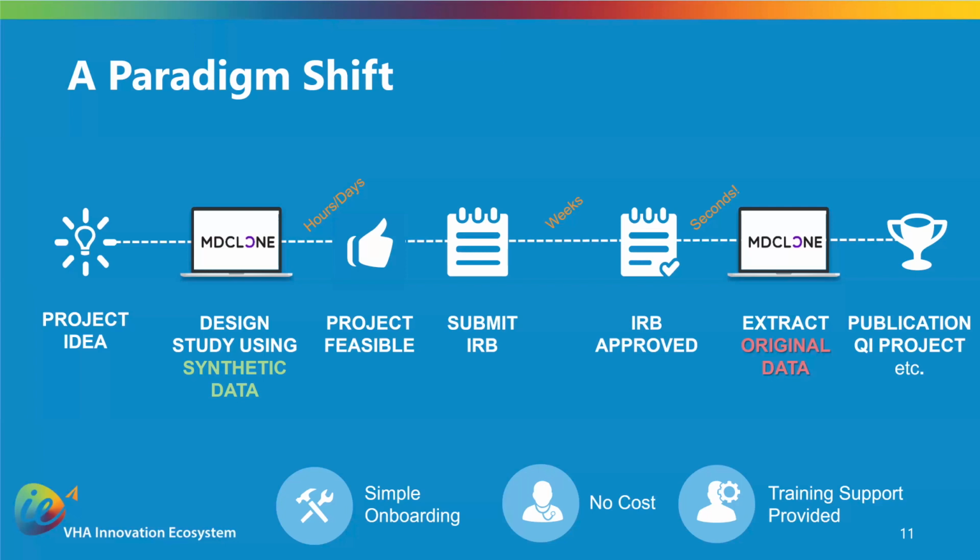As soon as they're confident about an IRB proposal that's required, or maybe a QI proposal that's required for getting to the original data, they can immediately turn the design that they've already done in the platform to now extract original data and then quickly proceed to get more insights, take actions for QI projects, or publish their studies.